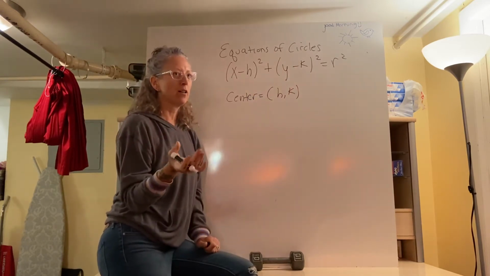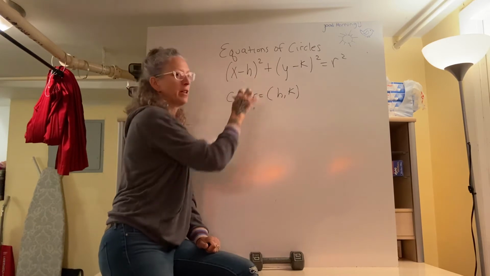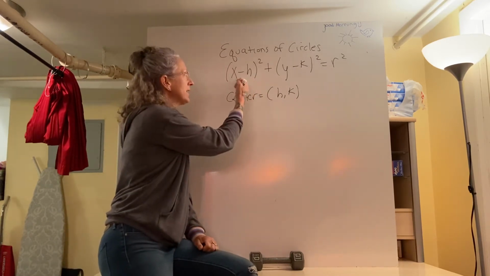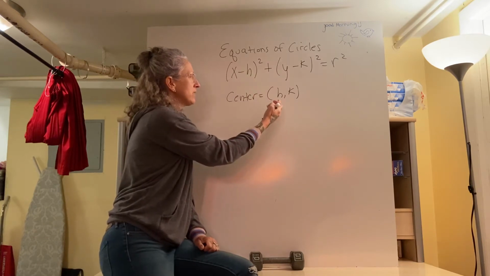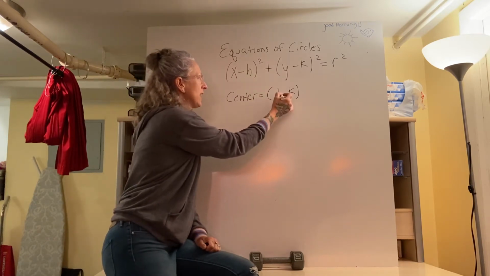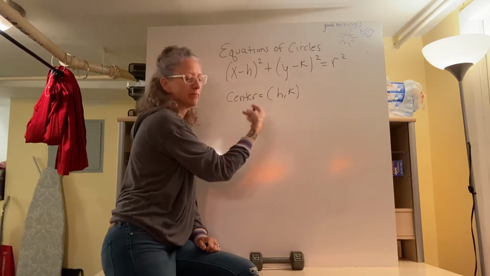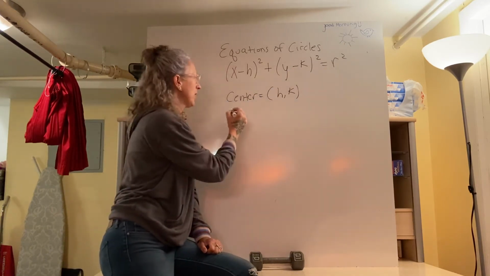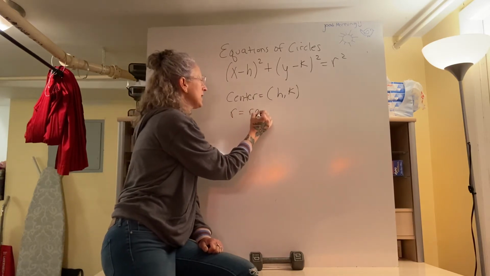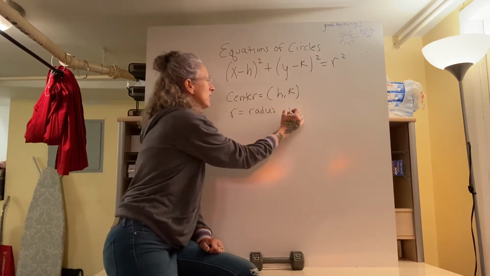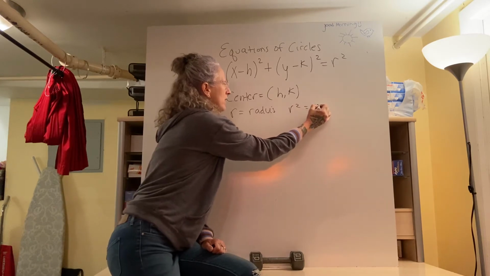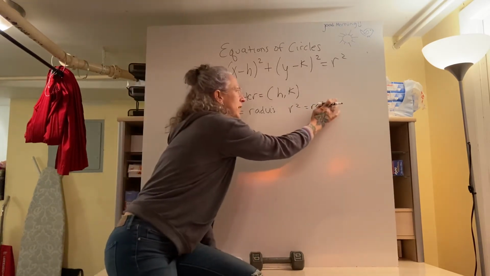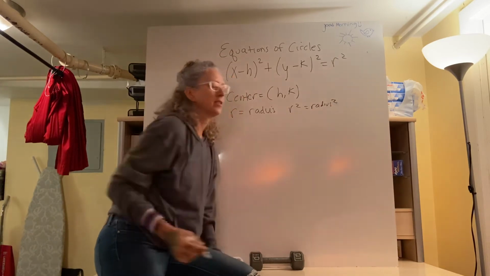If you recall, when we have a negative in a formula, that means you have to change the sign, okay? So whatever is in the formula, you change the h and k values, so that's just how you do it. And then r squared is the radius squared, okay? So r equals the radius. And if you want to find the radius from the radius squared, you just have to take the square root.